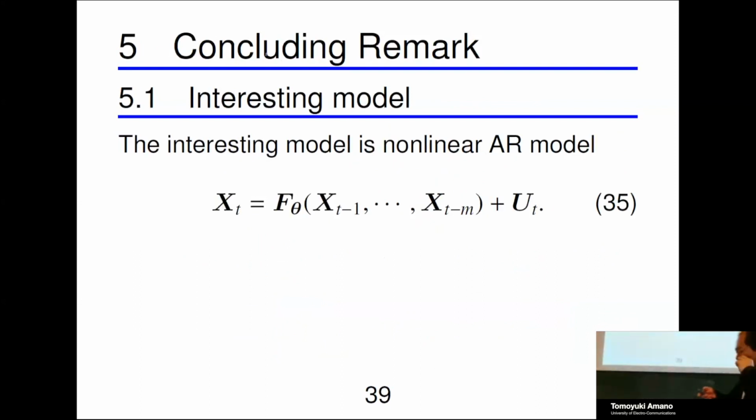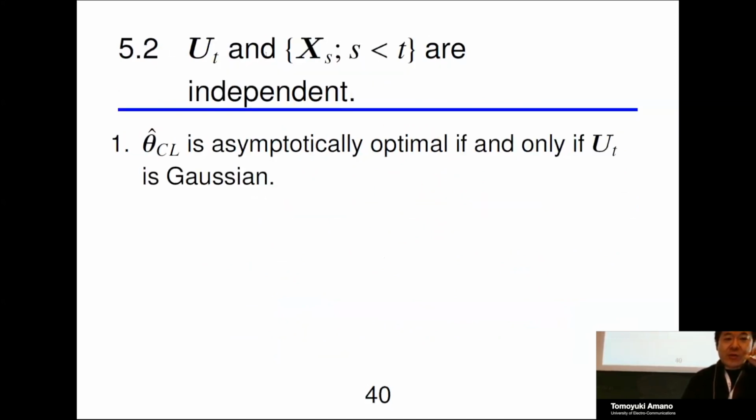Finally, we give concluding remarks. That is, we investigate this nonlinear AR model, and under this condition, ut and xt are independent, CL is asymptotically optimal if and only if ut is Gaussian.